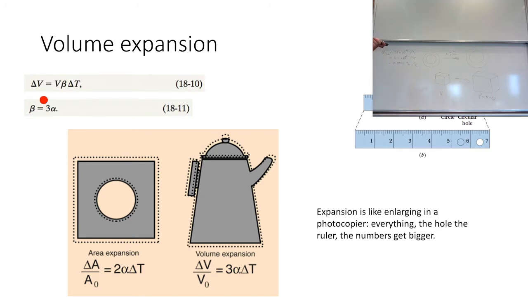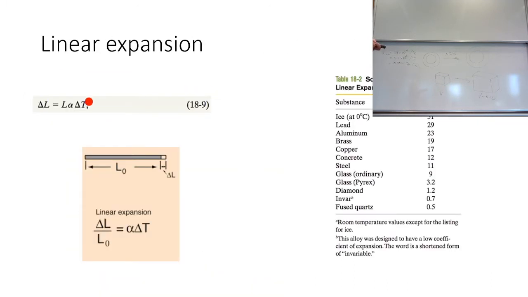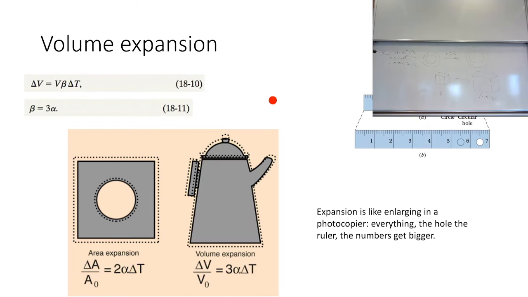But here we're saying it's 3 times alpha, where alpha is the thing that we were just talking about over here. Alpha is the linear expansion coefficient, and when we go to volume expansion, it's 3 times that. So why do you think it's 3 times that? Why should it be just 3 times?